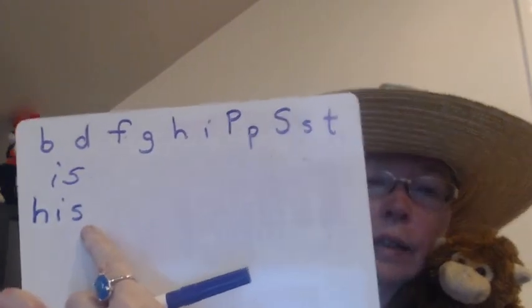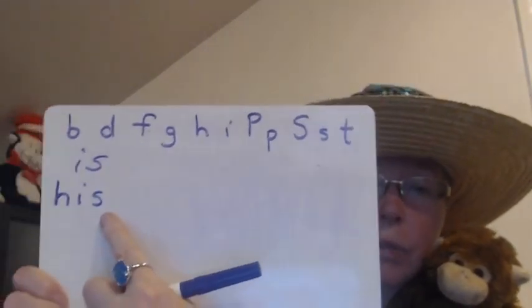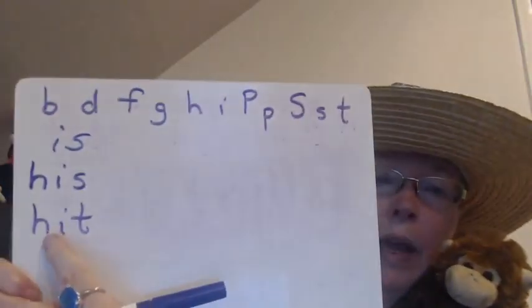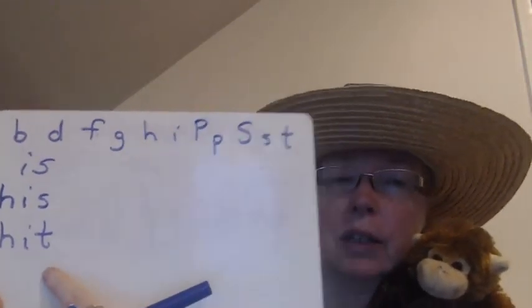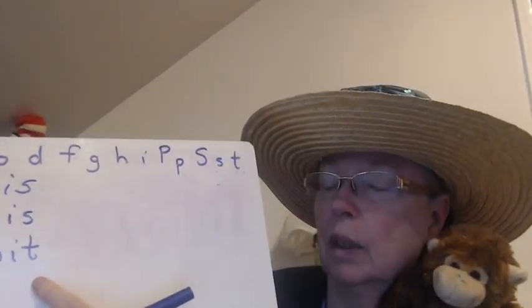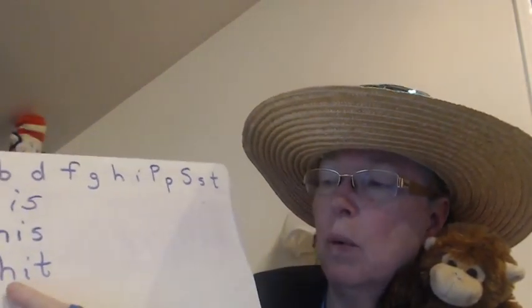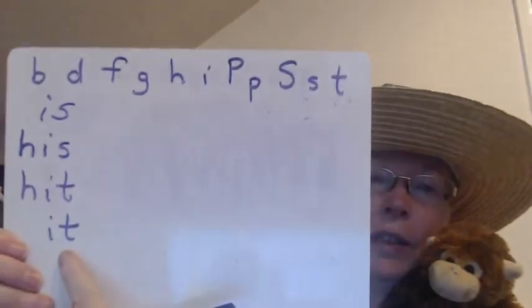All right, let's take away the S and replace it with a T. So we have a different word. So now we have H, I, T, and we have the word hit. Hit. If we take away the H, then we just simply have the word it.